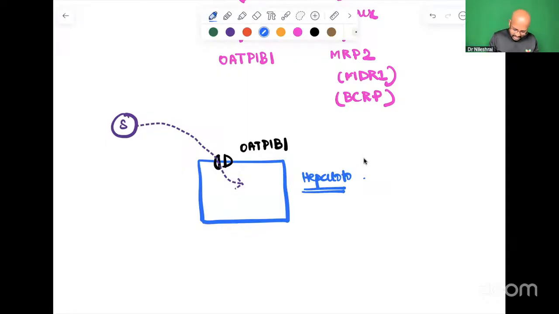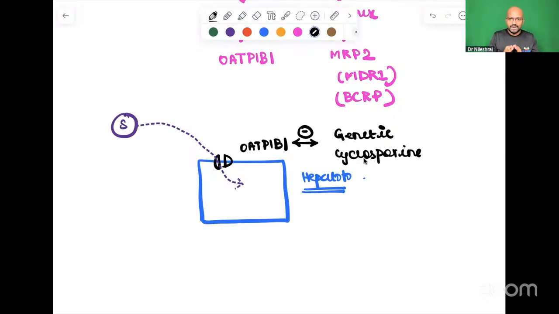But unfortunately, there might be some genetic predispositions where the OATP1B1 transporter will not function properly. Or one more mechanism, a famous drug named cyclosporin. Cyclosporin and genetic predispositions will inhibit this OATP1B1 transporter.